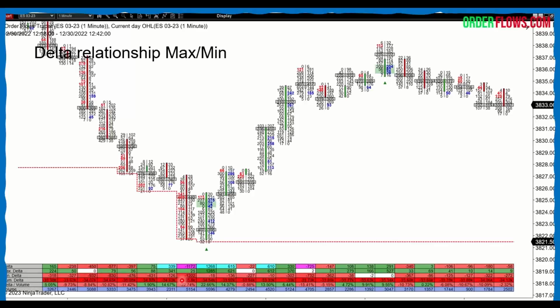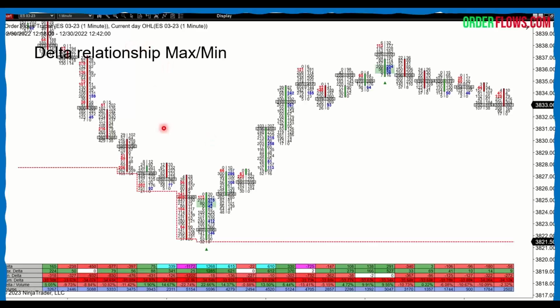But if you have a number like minus 1202 as your min delta, that tells you that there were 1,202 more aggressive sellers than buyers at one point in that bar. So that's information that you can use and analyze. Okay, it's a data point.